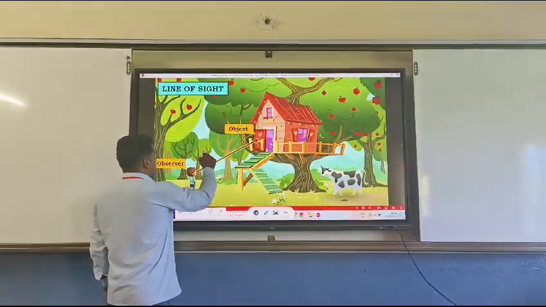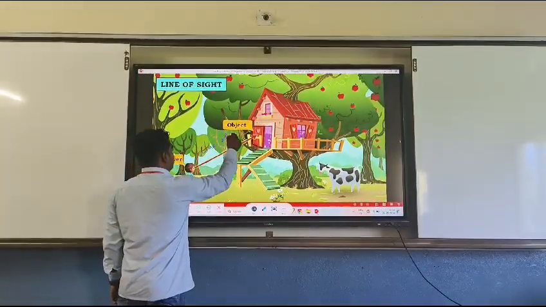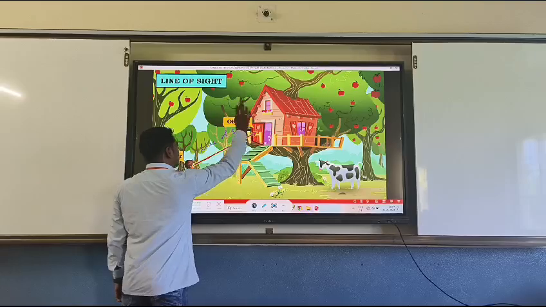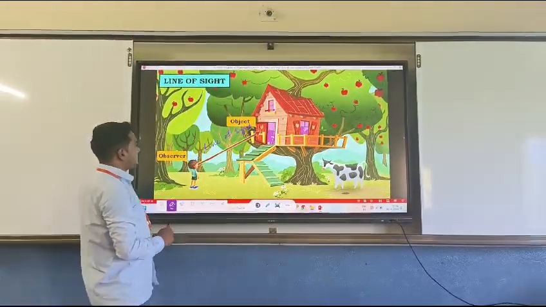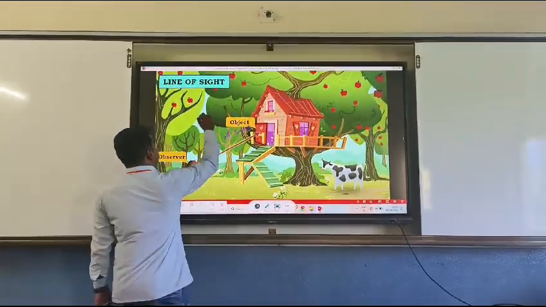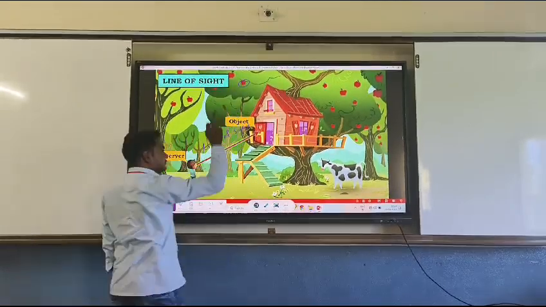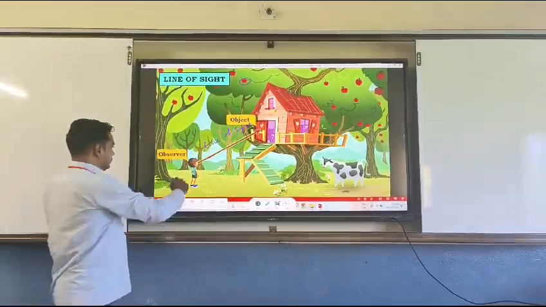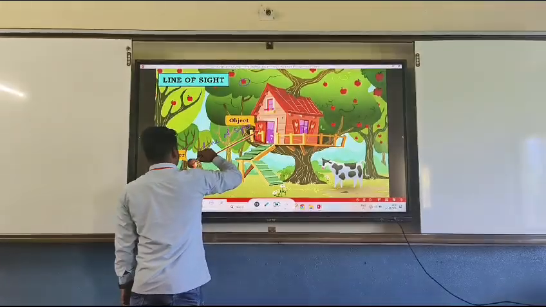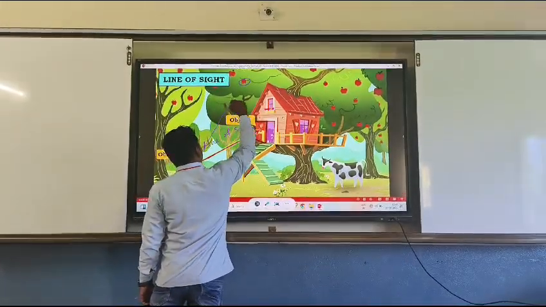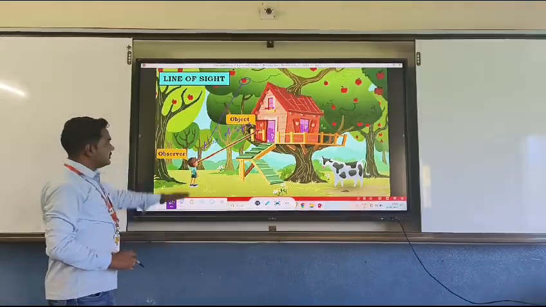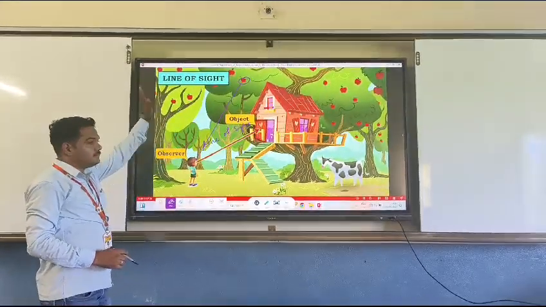This one is known as the line of sight. Suppose the boy is looking towards the apple. If we draw a line between the observer's eye and the apple, this is said to be the line of sight.